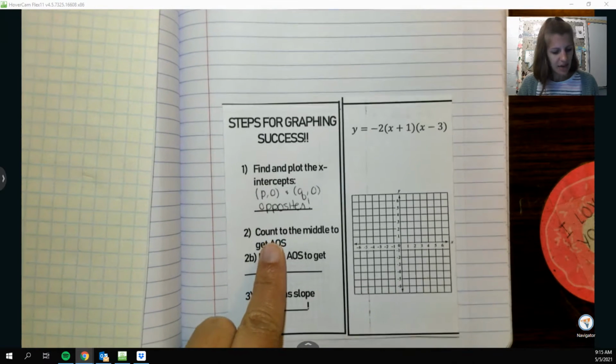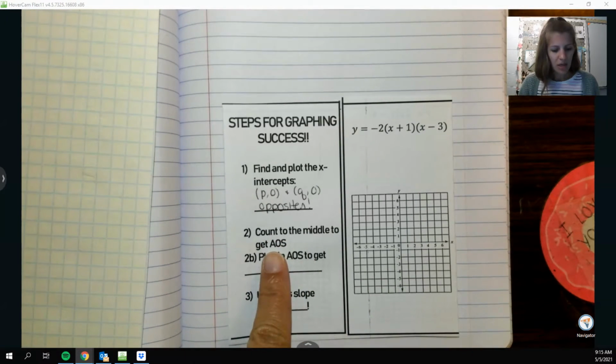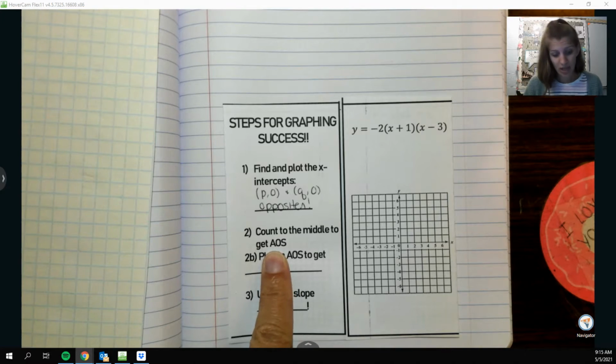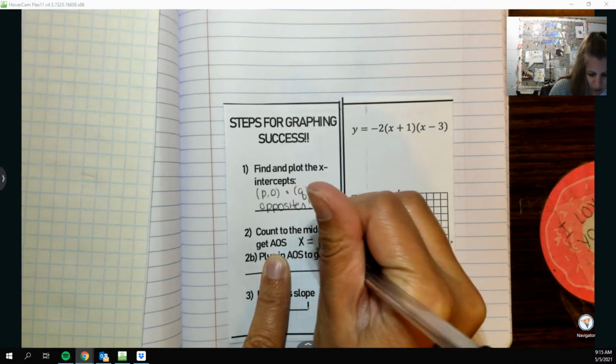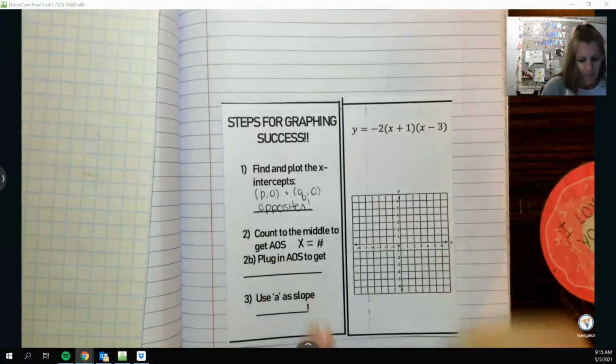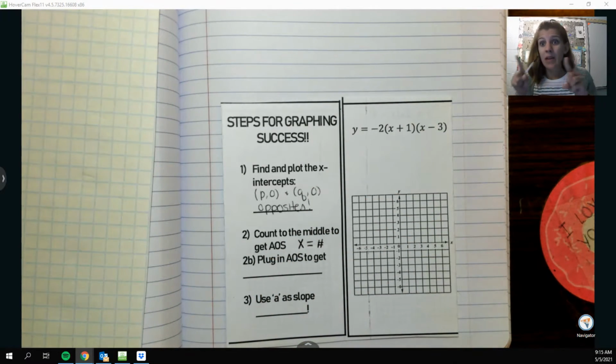So the second thing that we want to do is count to the middle to get my axis of symmetry. And I do want to write it down like x equals whatever that number is, because when I find that middle, somewhere along that middle line is my vertex.